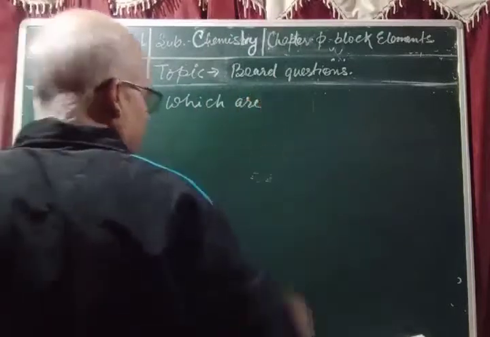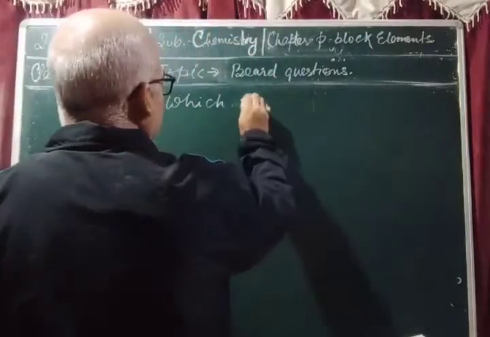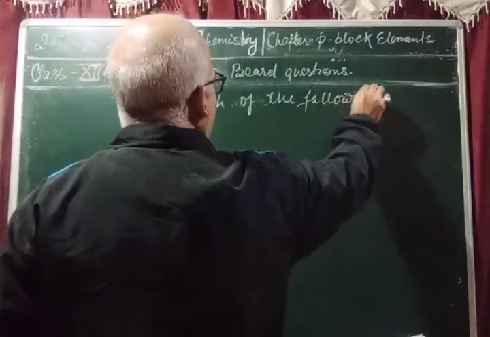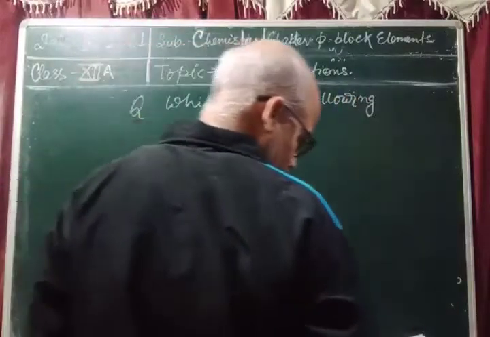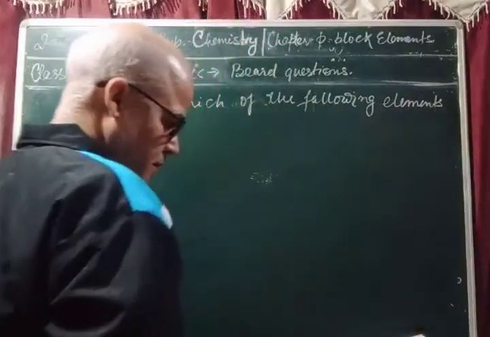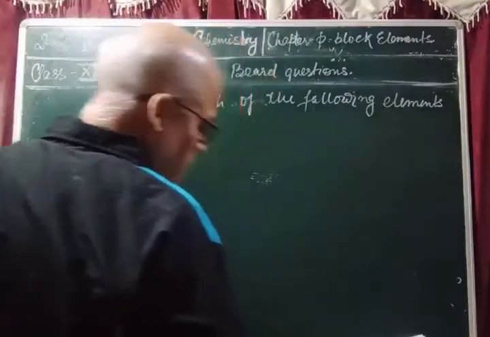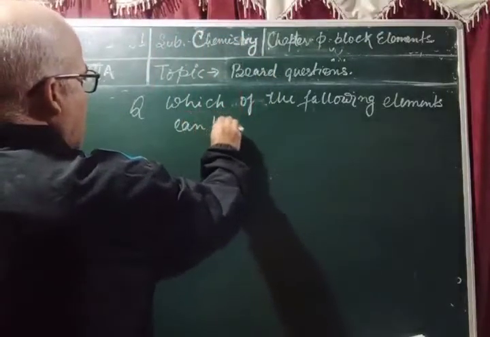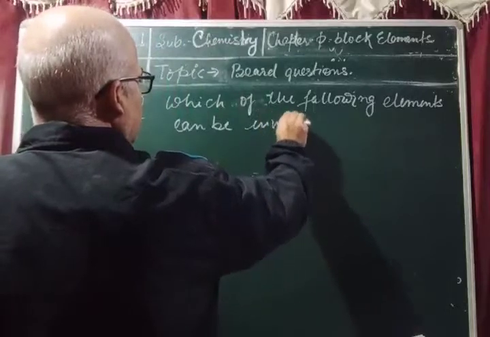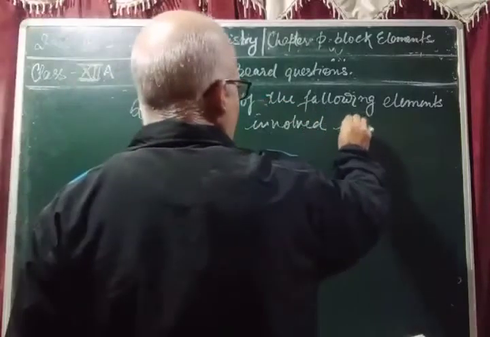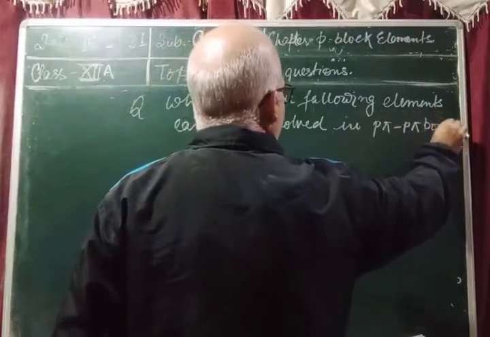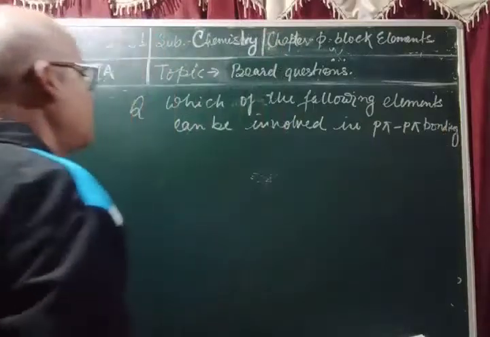Which of the following elements can be involved in p-pi d-pi bonding?